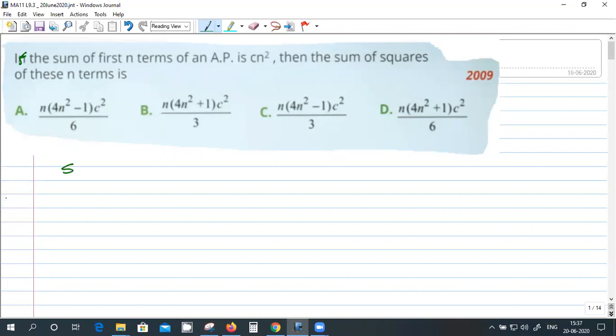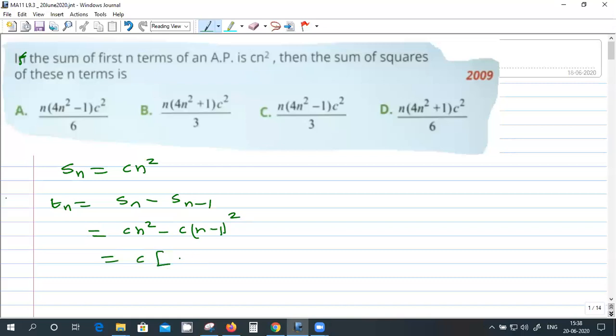Sum of n terms is Cn square. The general way of solving this is: the nth term is Sn minus Sn minus 1. Is this clear? So Cn square minus C(n minus 1) square. So that will be C square into 2n minus 1. This is the nth term.